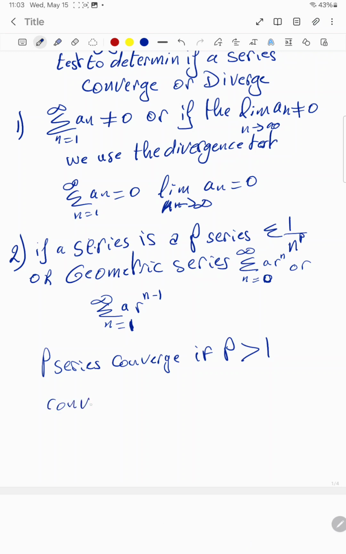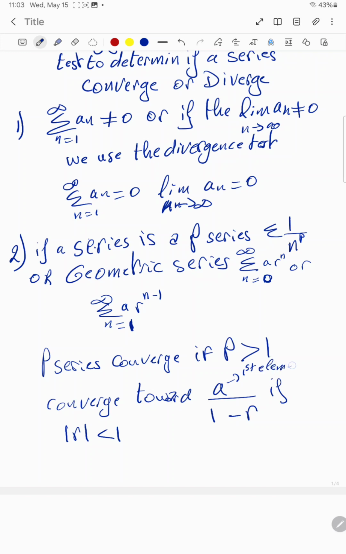Now the geometric series will converge toward A divided by 1 minus R if the absolute value of R is less than 1. And in my previous video, we said A is the first element of the series, and R is the ratio, and R is equal to an plus 1 divided by an.